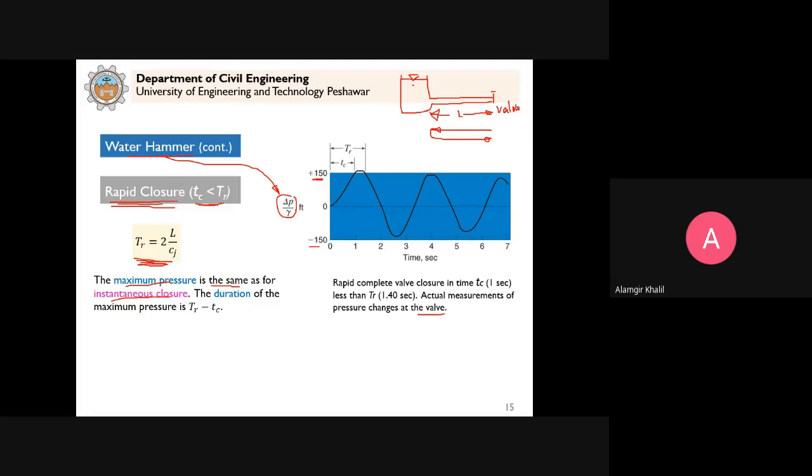So the duration of the maximum pressure is Tr minus Tc, because previously it was Tr. Now we have Tc which is not equal to 0, so the duration is this. You can see here the duration for which the maximum pressure will remain at the valve. What was that? 2L by Cj.